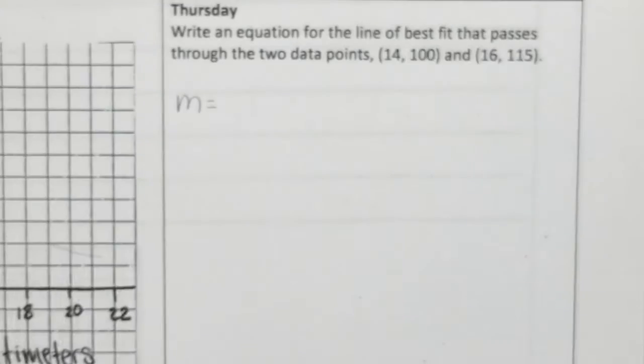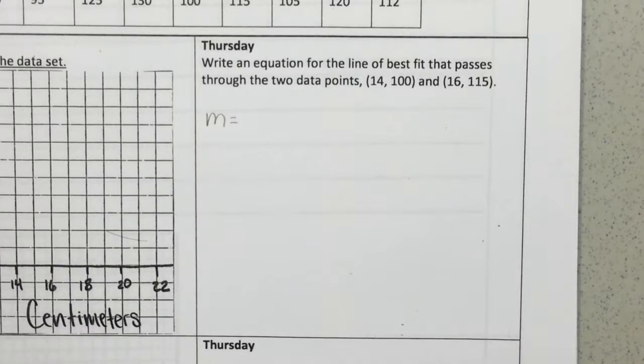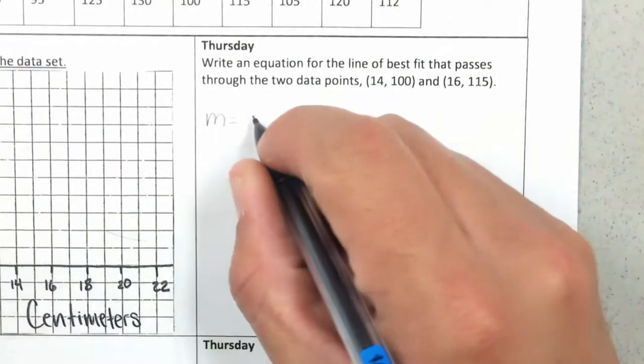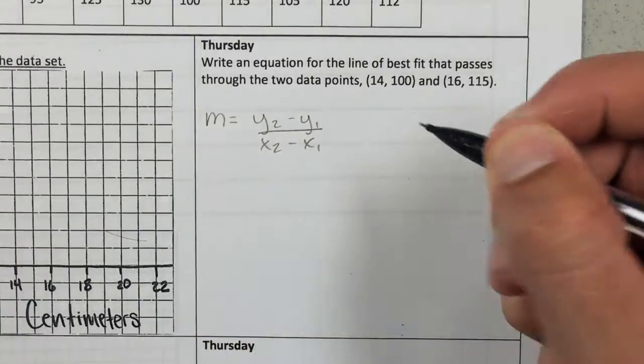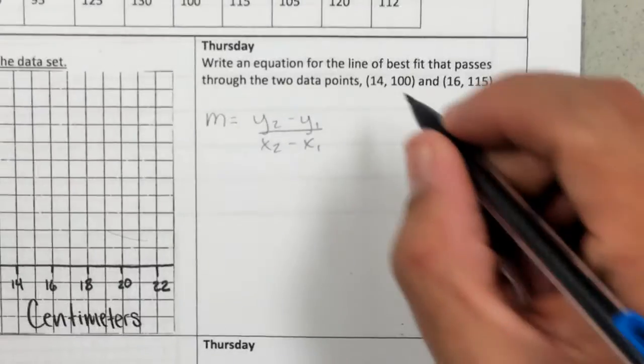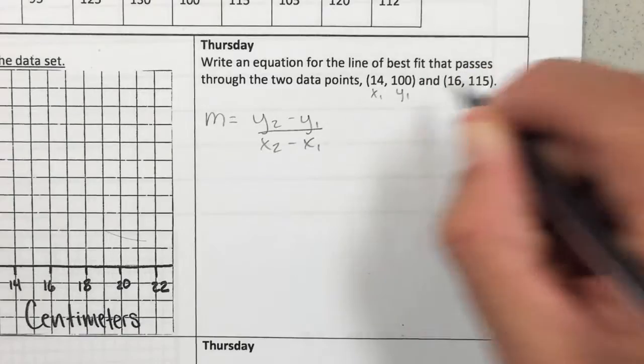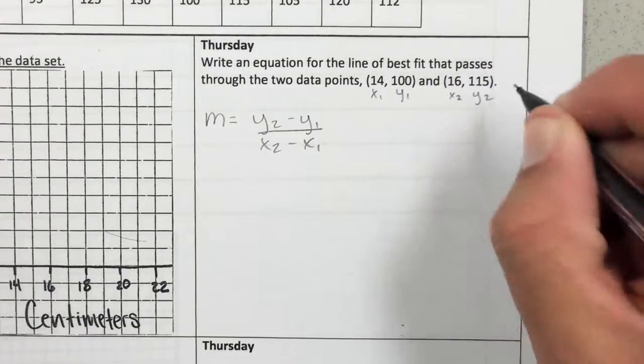Now, slope, I know it's out of focus. Okay. Slope is going to be y2 minus y1 over x2 minus x1. Okay. Label them x1 and y1, x2 and y2.